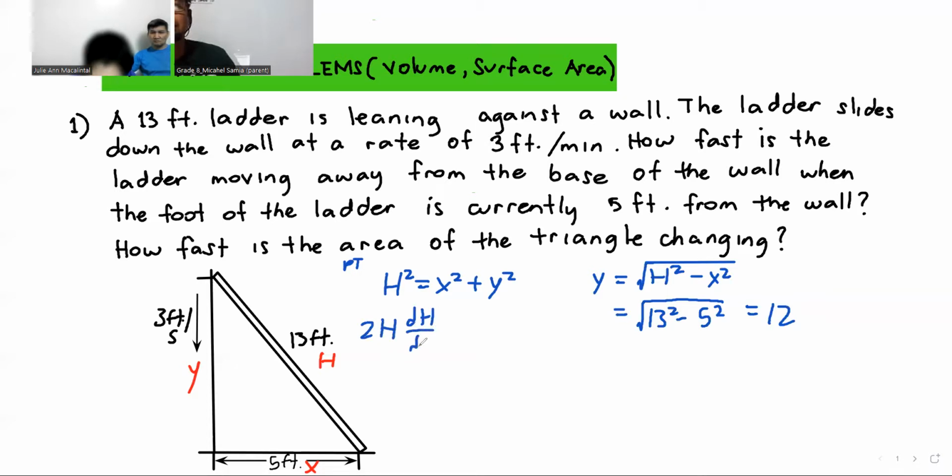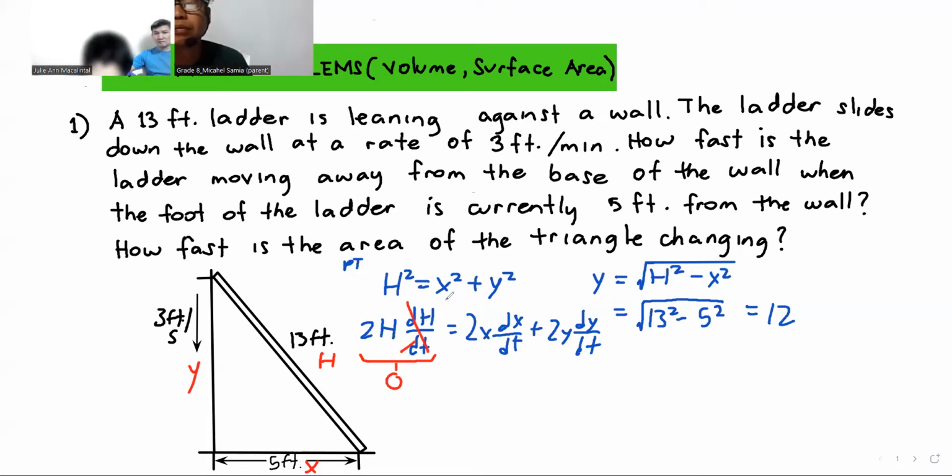Okay, 2h, then this is equal to 0 because h is not changing. It's constant, the ladder.